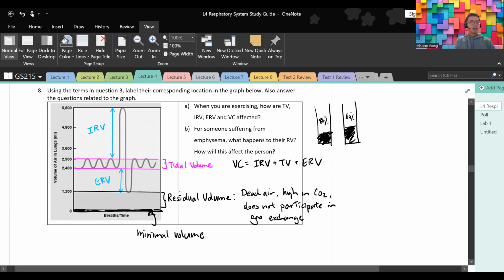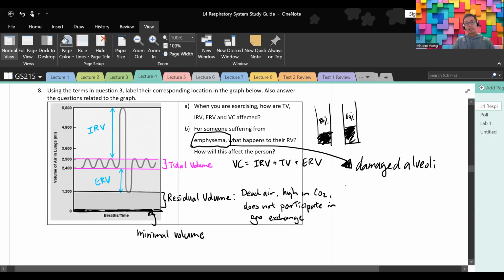Okay, Hammer asks, is the increase of percent of RV good or bad for the body? Bad. So in emphysema, for example, emphysema is one of the things that happens when a person smokes a lot. And this is basically caused by damaged alveoli.